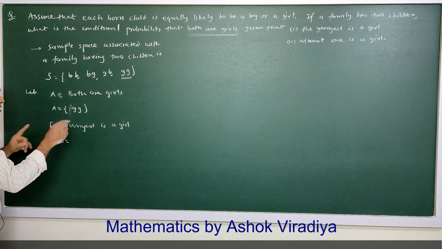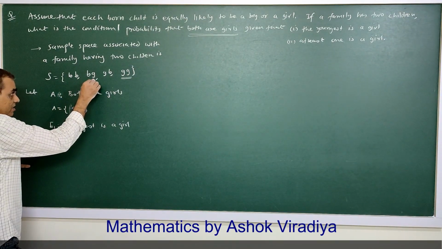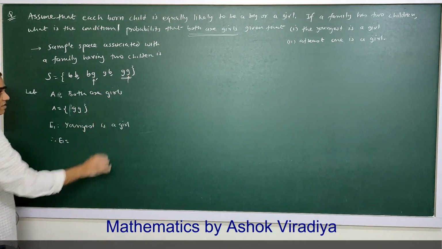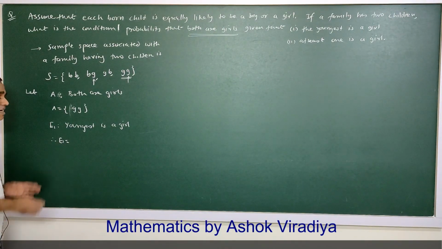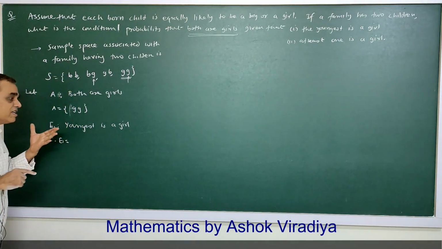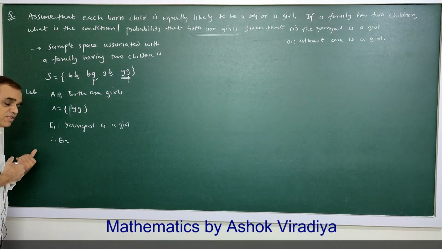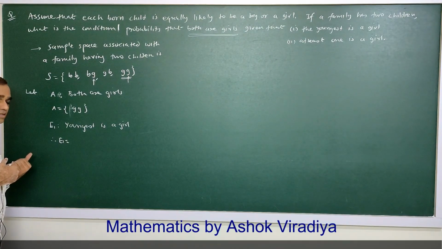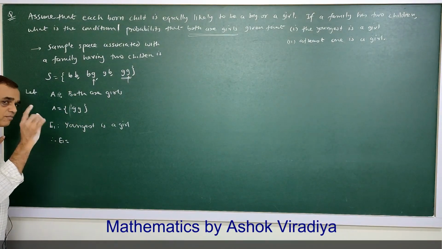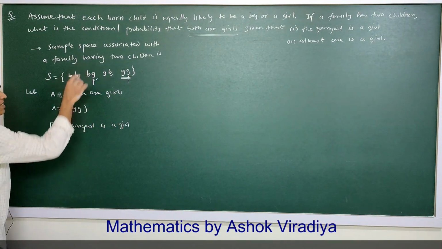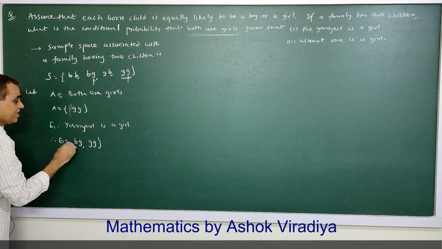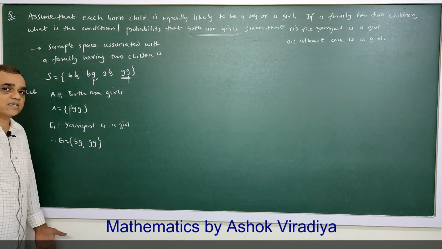So the youngest is a girl. We are given the words youngest is a girl. We are not given any condition regarding the first. So the second is a girl, and the first can be anyone, either boy or girl. That is BG, comma GG. The second is a girl, the youngest is the girl.